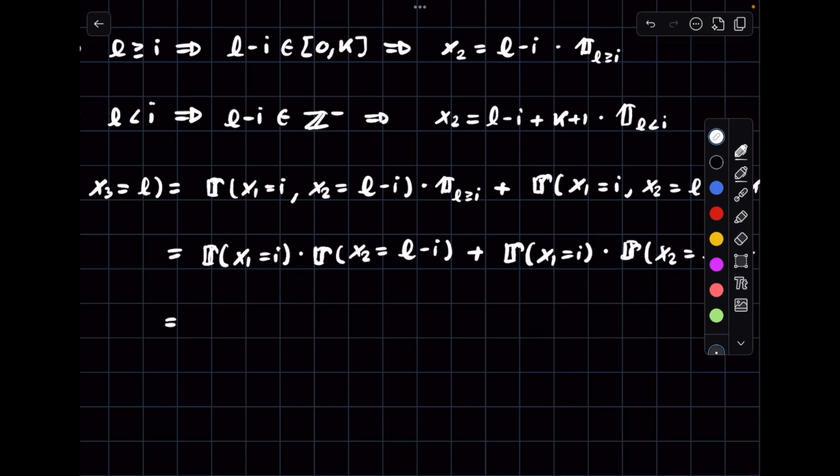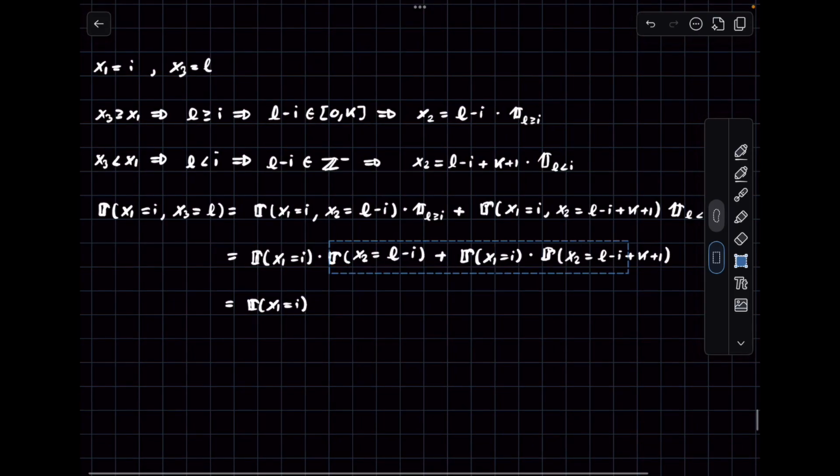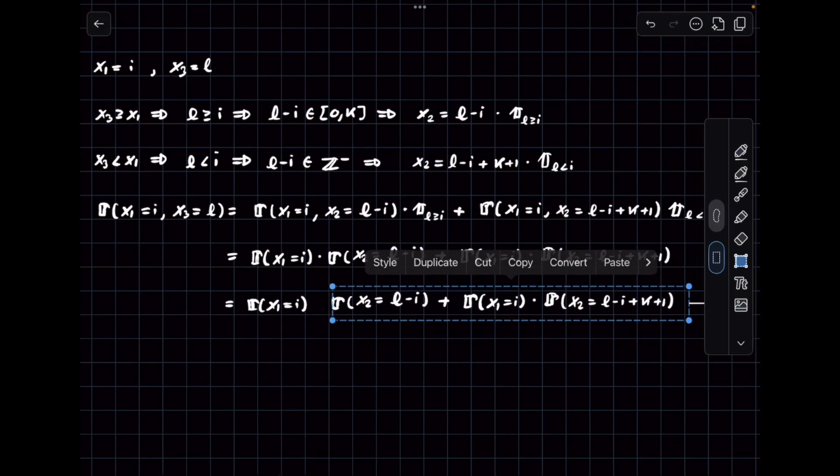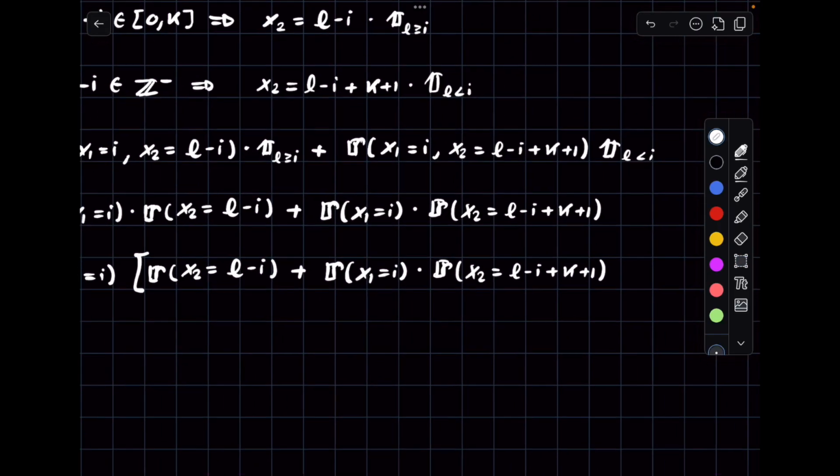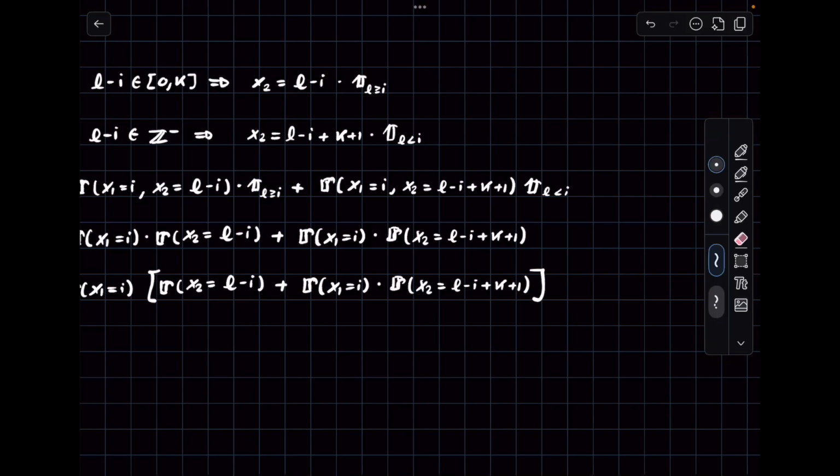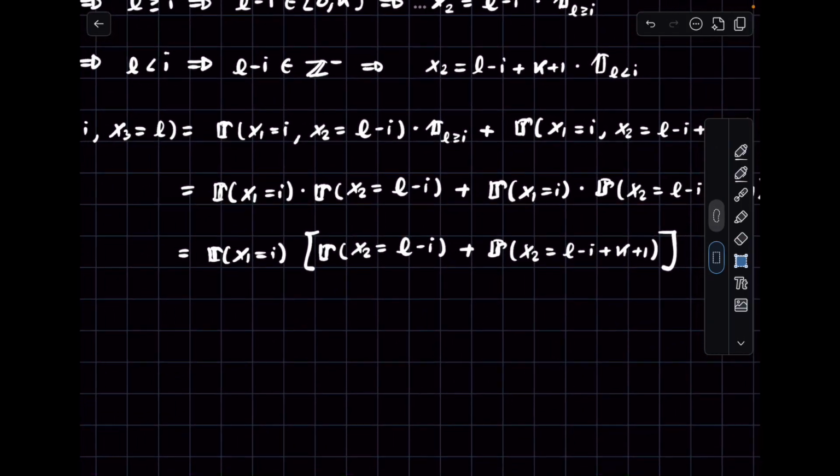And then we can factorize x1, the probability of x1 is going to be factorized in this case, so we multiply this up. There we go. We're almost done, you guys. Really long exercise, really tedious, but quite interesting, I would say.